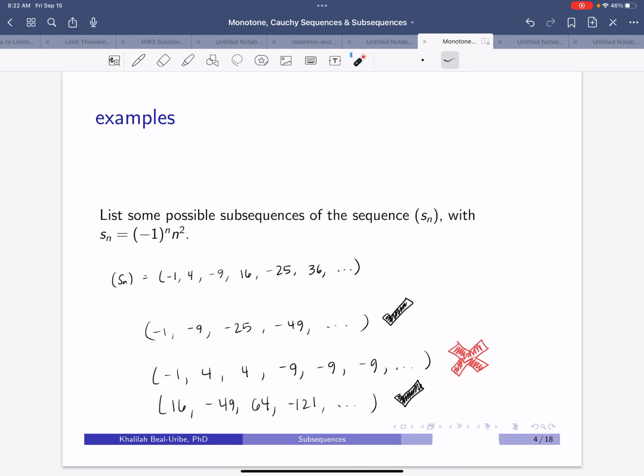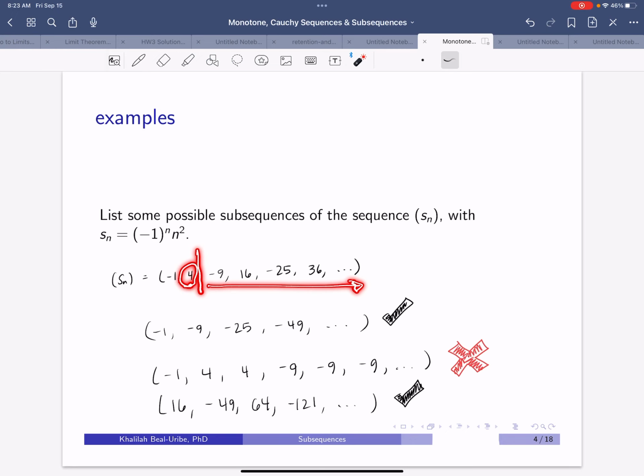That's great. What I can't do is repeat a term, because 4 doesn't happen anywhere here. So once I choose 4, then I have to look at increasing index.